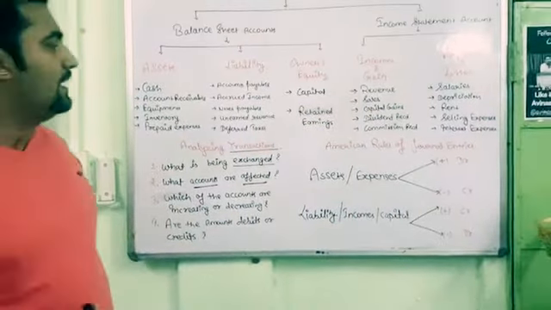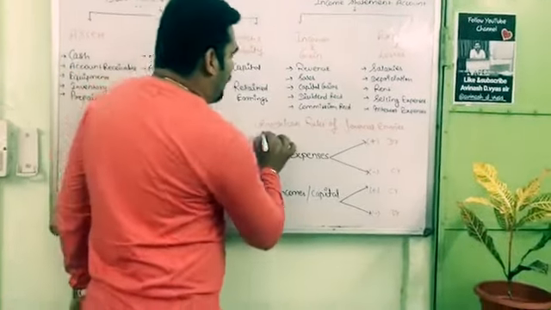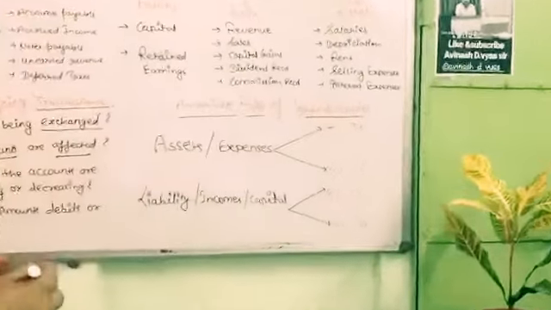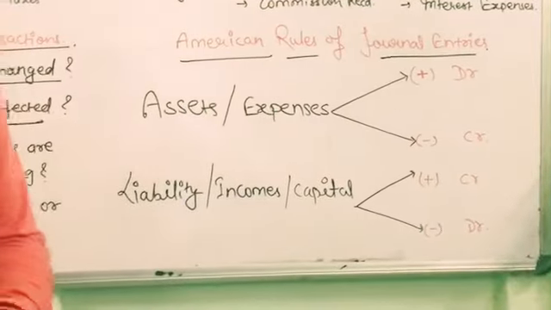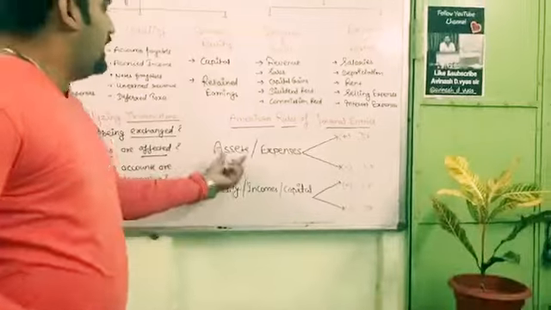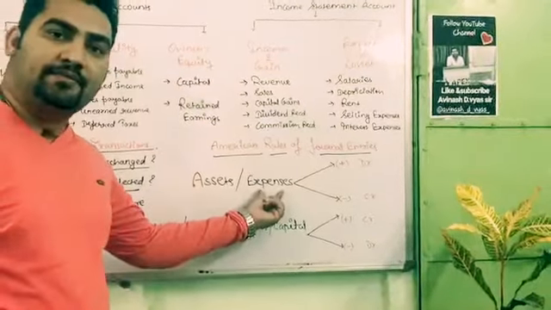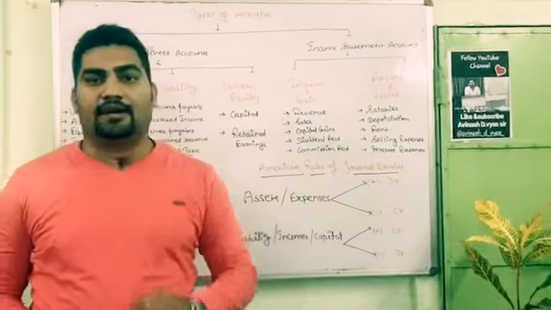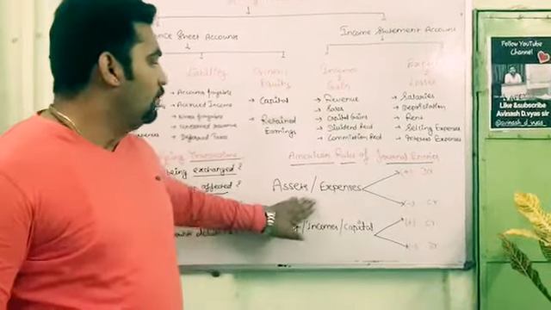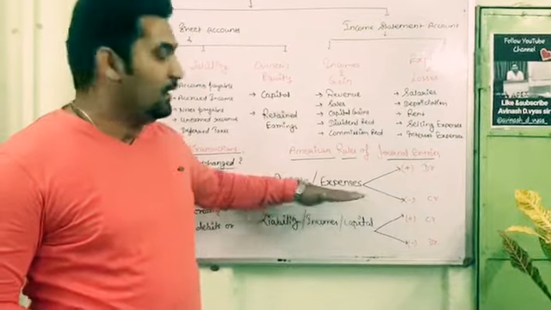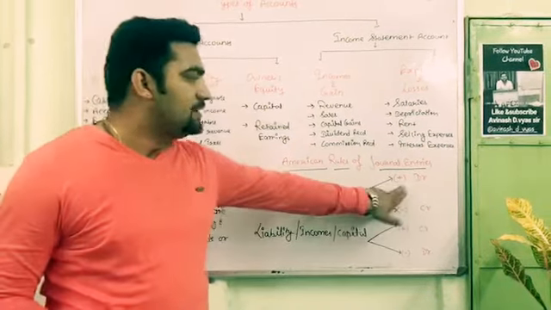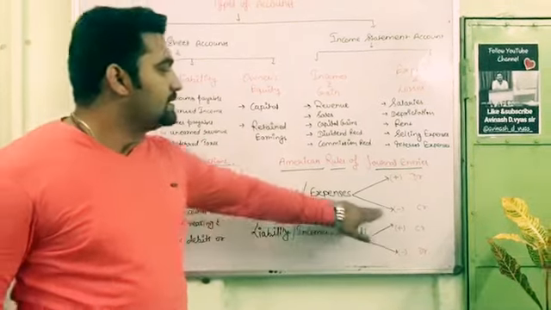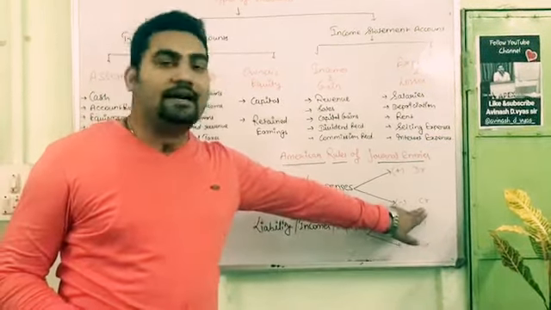तो इसमें जर्नल एंट्री करने के लिए we have American rules of journal entries. Students, these are the most easy and simple rules. Asset and expenses. जैसा कि एसेट और एक्सपेंस का नेचर डेबिट का होता है, तो we have both of these in one team. अगर एसेट और एक्सपेंस इंक्रीज होता है तो उसको डेबिट करो. अगर एसेट और एक्सपेंस डिक्रीज होता है तो उसको क्रेडिट करो.